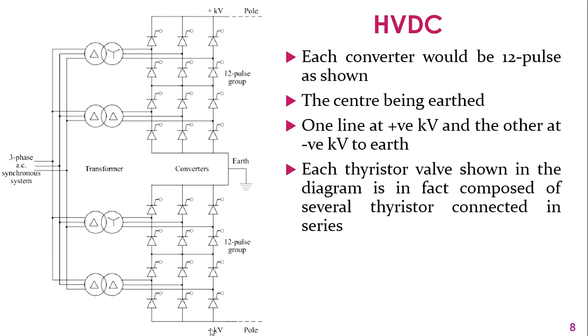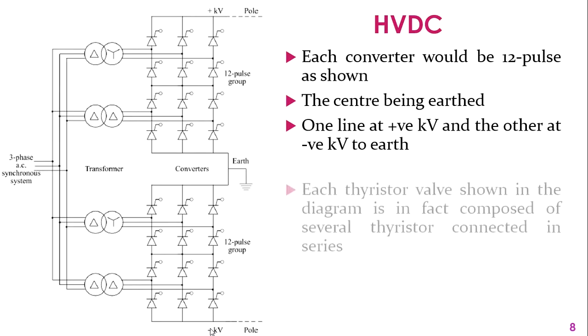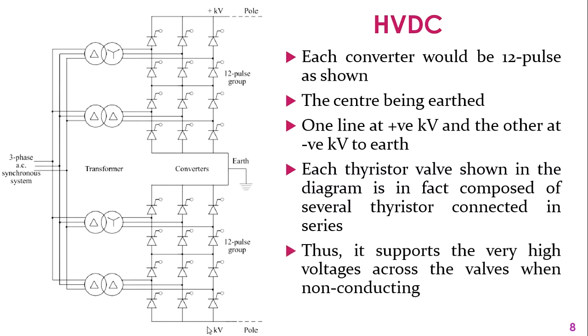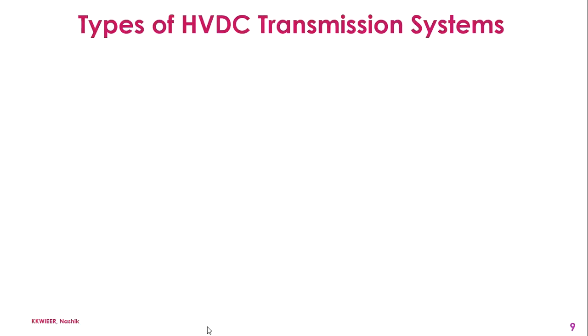Each thyristor valve shown in the diagram is in fact composed of several thyristors connected in series. Thus, it supports the very high voltage across the valves in the non-conducting state.